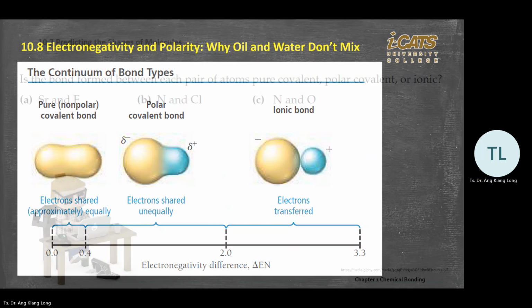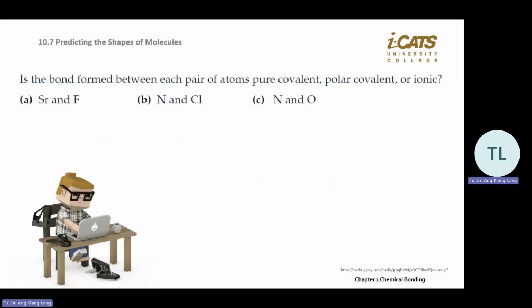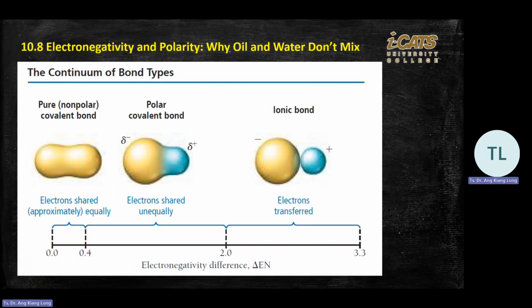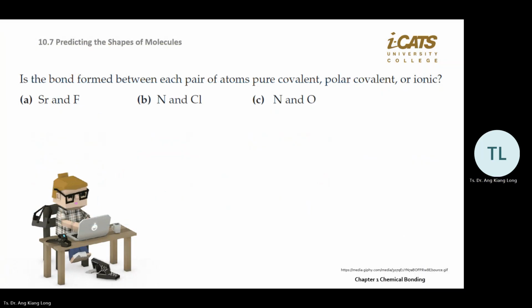Okay, so this is just a check whether you understand or not based on the electronegativity numbers. You can flip to the table I give you on tutorial questions 81 and also 77. Based on these 2 diagrams, answer this question.